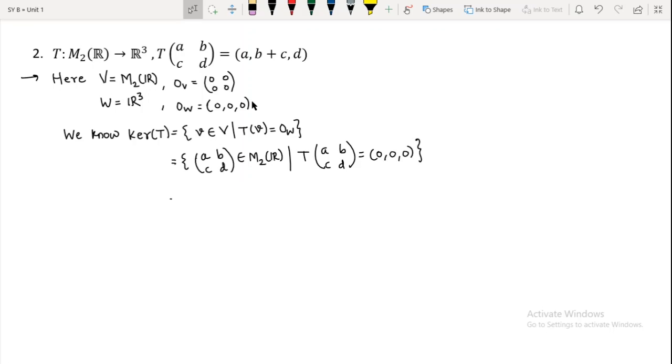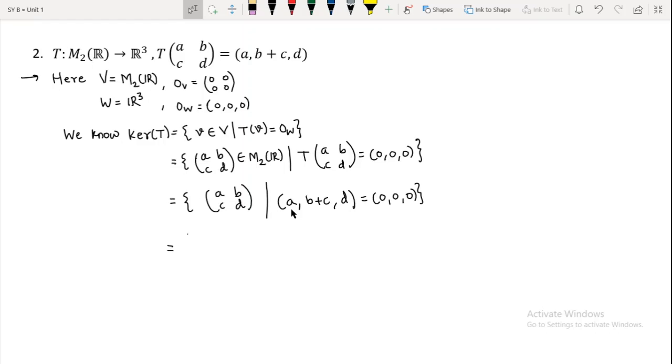So which is further equal to, set of all A, B, C, D. Now I will not write this M2 of R. From the context, it is understood that it is an element of M2 of R. Now how is your map defined? In this way. So I will use it here. So it is A, B plus C, comma D is equal to 0, 0, 0.